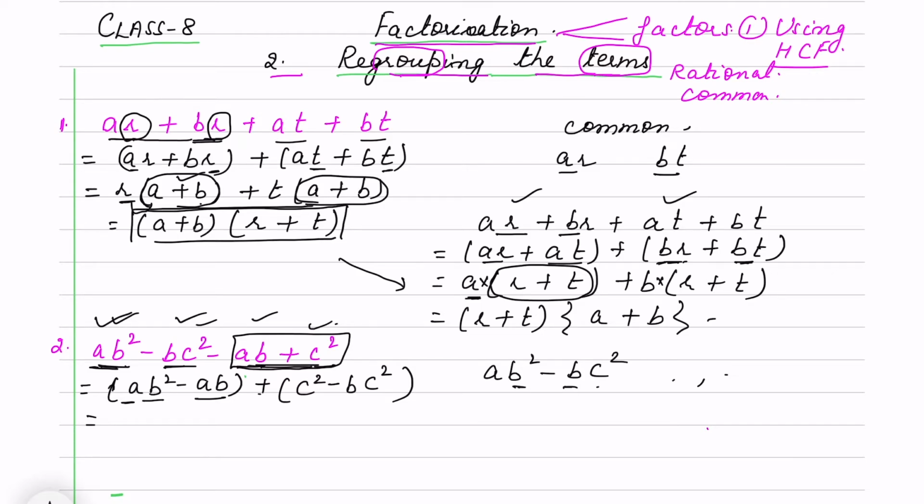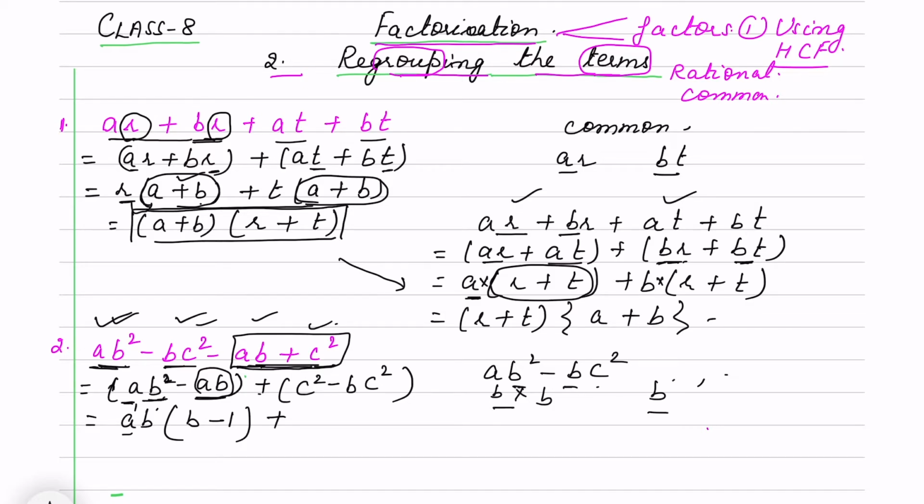Now A and A, so A will be outside. B square, that means B into B, and B here. So out of this B will be common. I have taken AB outside. Now A, I have taken B, so what is left here? B, one power less, minus, and I have taken AB all, so 1 will be left.